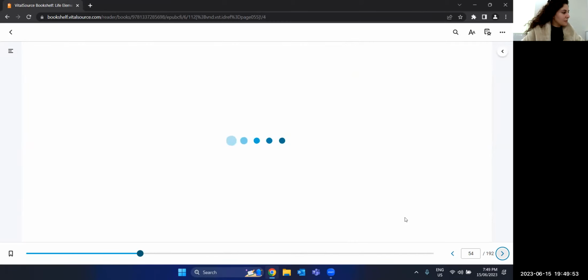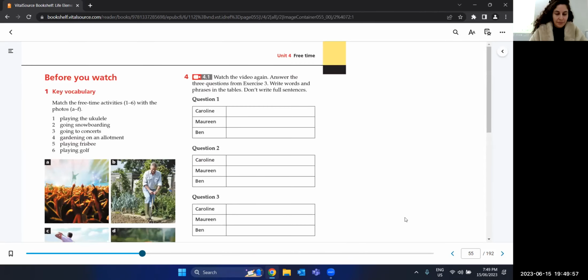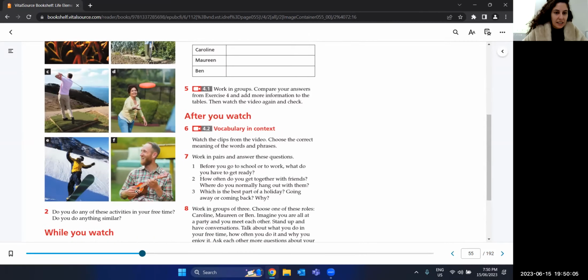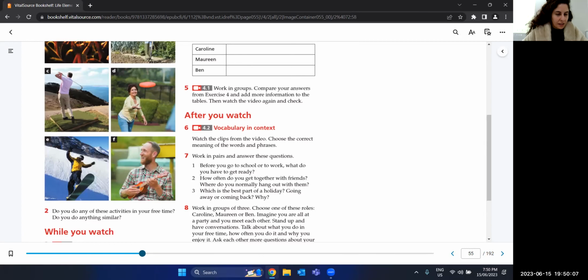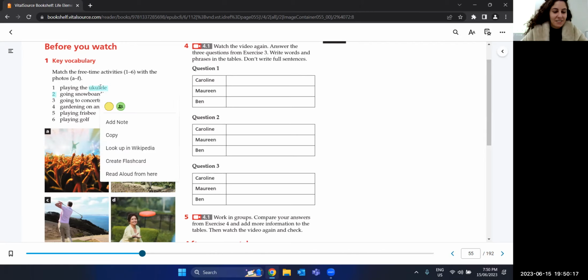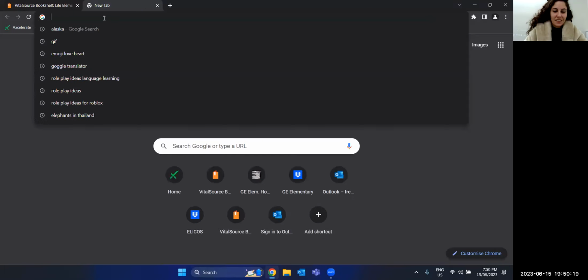So let's look at some free-time activities and match them with the photo. We see here A, B, C, D, E, F. Which one is playing the ukulele? I have no idea how to pronounce this word.